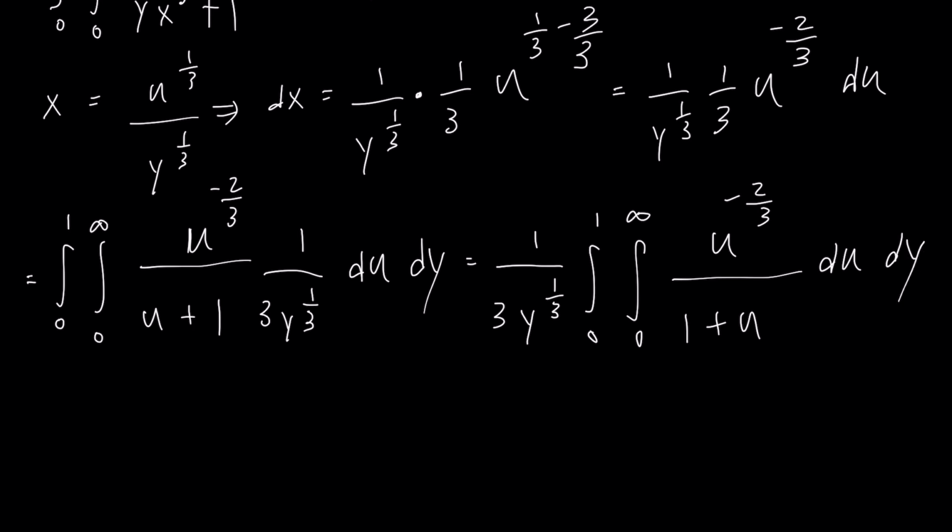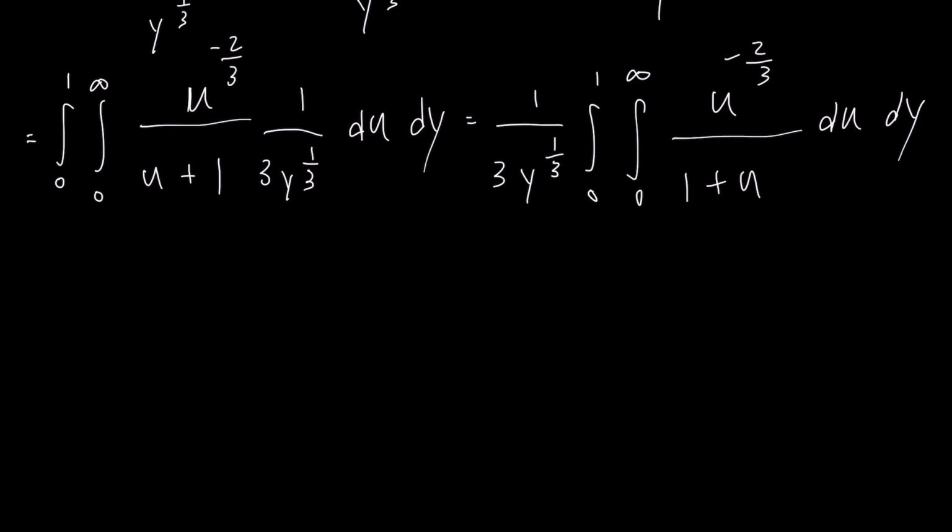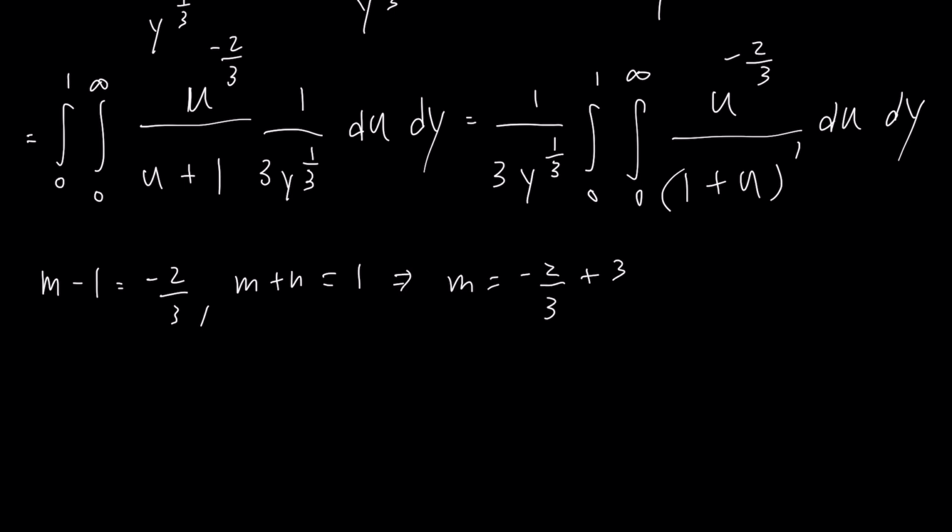And from here we can make use of the beta function, and we'll let m minus 1 equal negative 2/3, and m plus n, well, that's just going to be 1. So we have that m is negative 2/3 plus 1, which is equal to 1/3. We have n equals 1 minus 1/3.